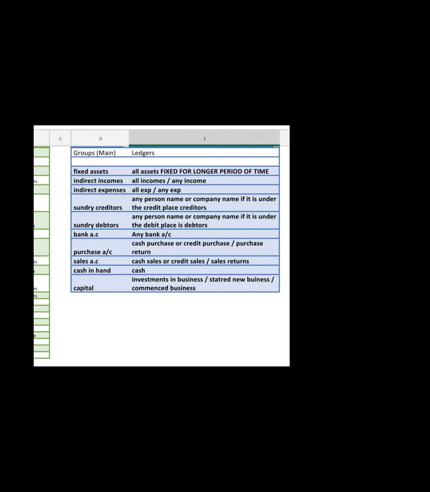Journal entries and ledger are called the king and queen of your accountancy. Remember these two words, journal entries and ledger. These two are called the king and queen of business accountancy.